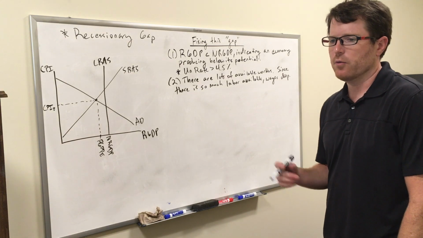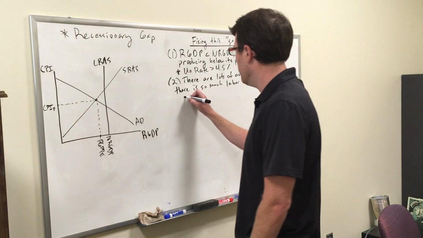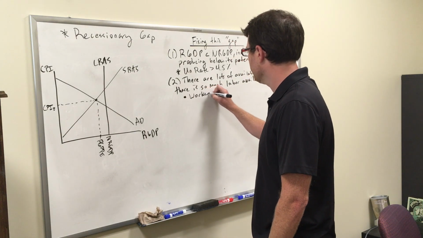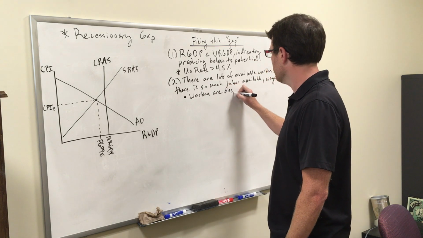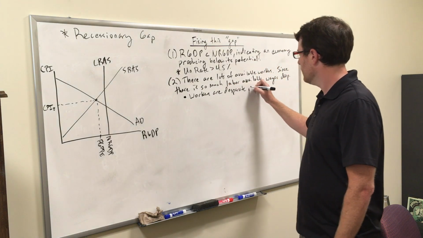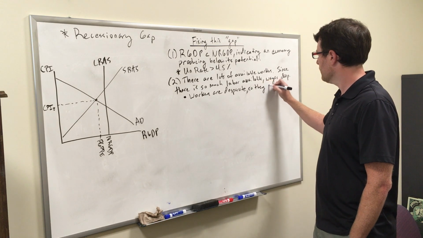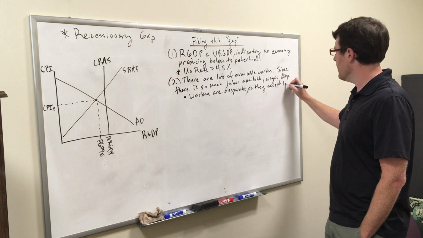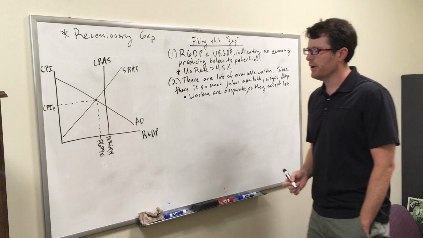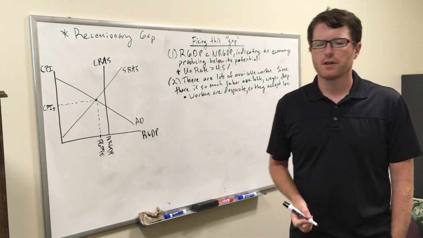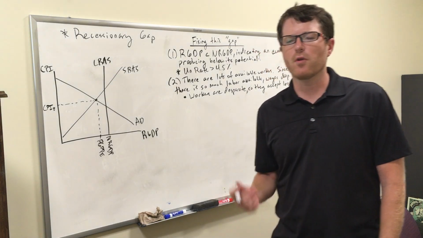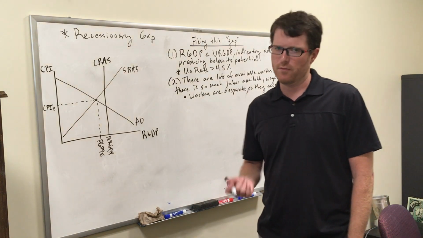If we think about how this would look in the real world, the workers are desperate. So they accept less. They know it's hard to find a job, right? They're looking around at their friends that are unemployed too, and they know it's hard to find a job, so they're willing to now work for less than they would before.